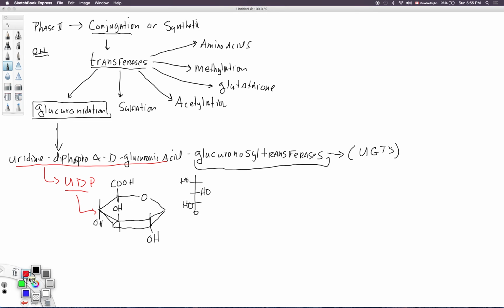Hopefully it should be pretty obvious: we have this group right here, a carboxylic acid group. This is very acidic, and these carboxylic acid groups tend to have pKa values of around 4 to 5. That means you have about 50% ionization of this functional group at a pH of 4 to 5.